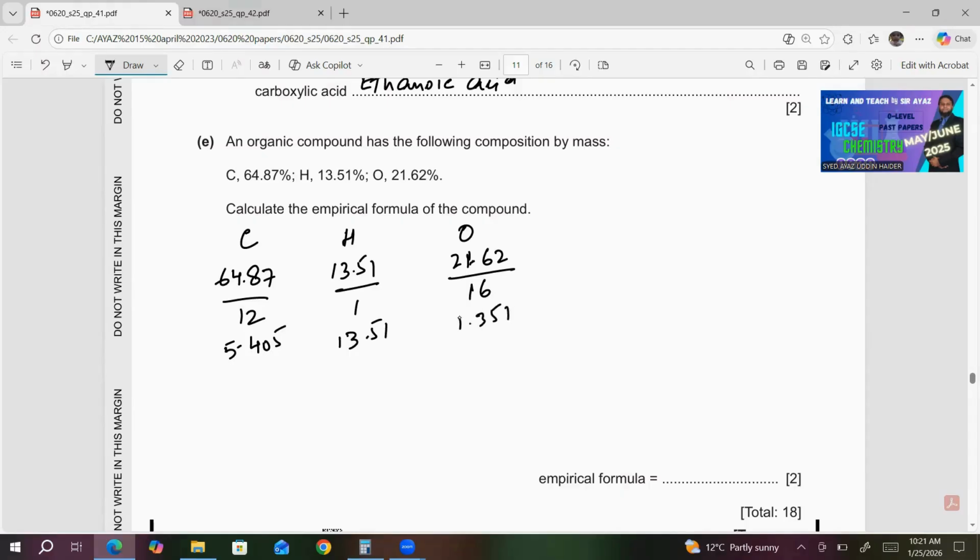So the smallest value is 1.351. All will be divided by 1.351. And the final ratio will be 4, 10, 1. So the empirical formula will be C4H10O.